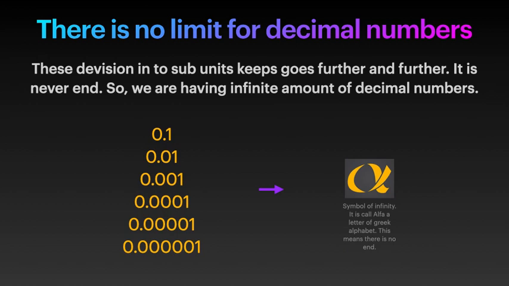They go as follows: 0.1, 0.01, 0.001, 0.0001, 0.00001, going on forever and ever.